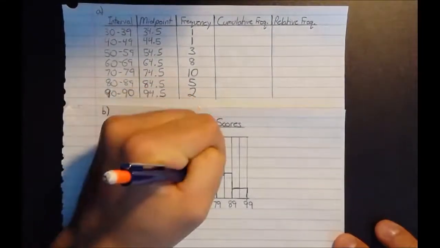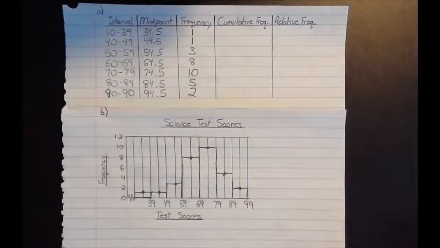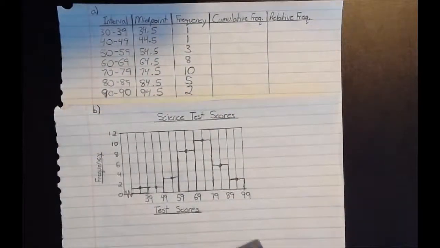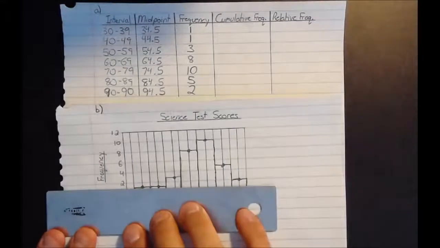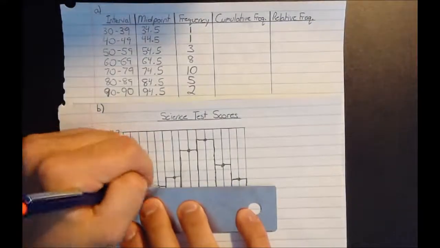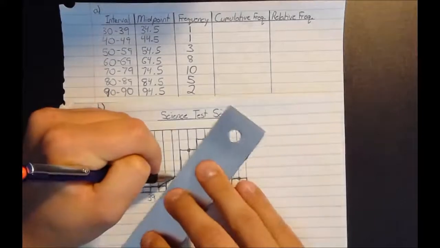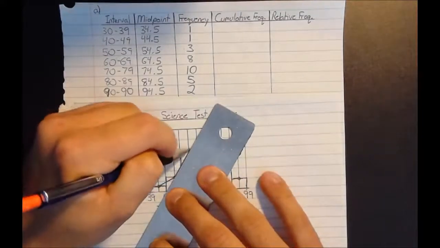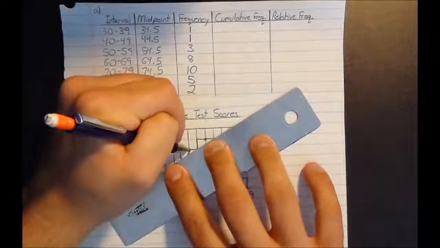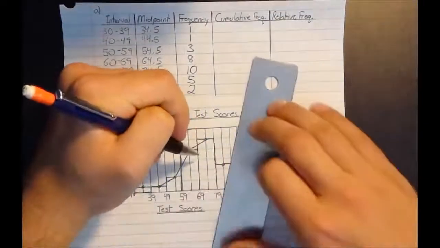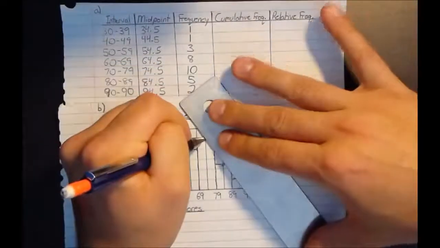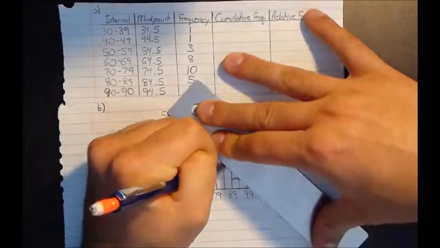And it's really easy once you have your histogram to create your frequency polygon. Once you have your points there, you're just connecting them now. Like using a straight edge, it kind of shows the trends. Okay, there. Here. Here, down there, and finally last one there.